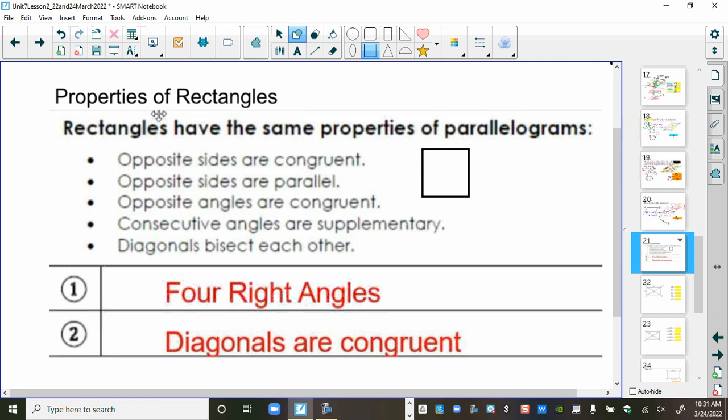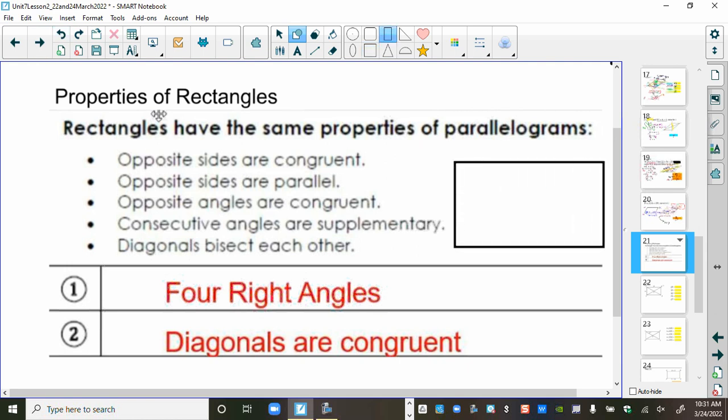So we have a rectangle. Well, what do we know about all 4 corners, all 4 angles of our rectangle? They are 90 degrees. So you got 4 right angles. Consecutive angles. Well, what's 90 plus 90? 180. So that still works.